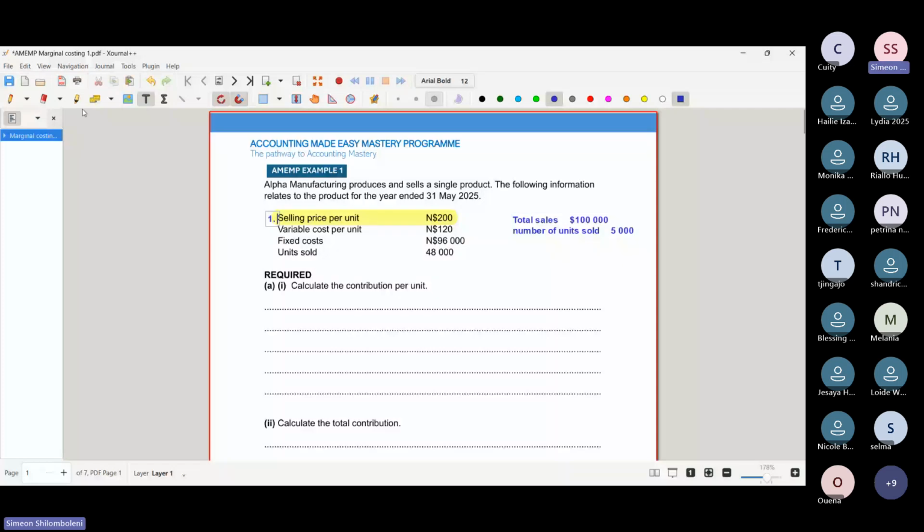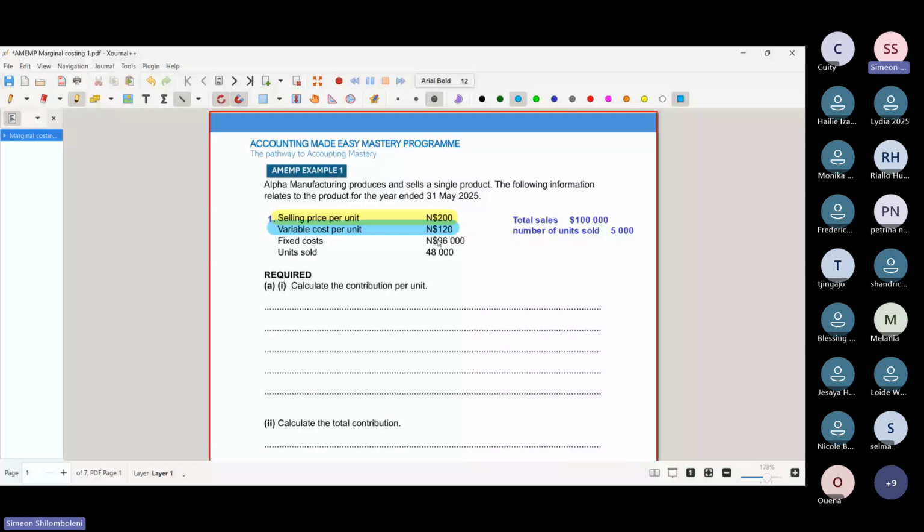The second thing that you need to look for is the variable cost. Which one is the variable cost? The costs that change with output, the direct costs. When output is 10 units, the costs are maybe 20, but as output changes, this one also changes. You must look for them.